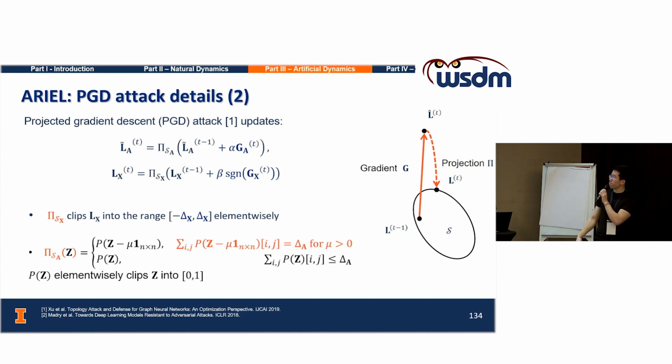And for the projection on the topology perturbation, the formula is a little bit complex, but let's take a look at its core idea. Its core idea is to find that mu, which exactly moves the topology perturbation matrix into the boundary of the ideal area of SA.